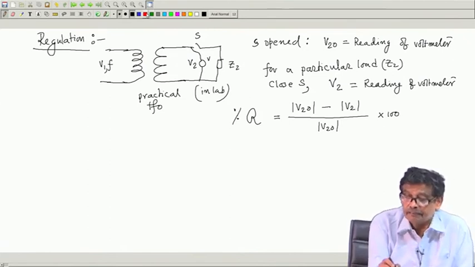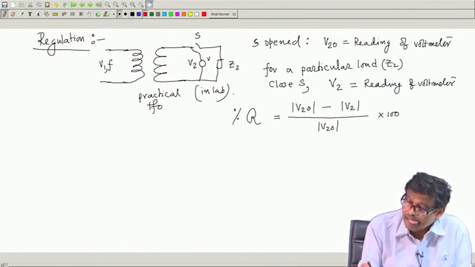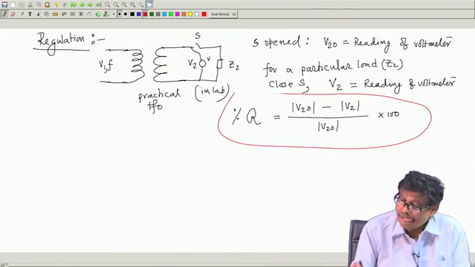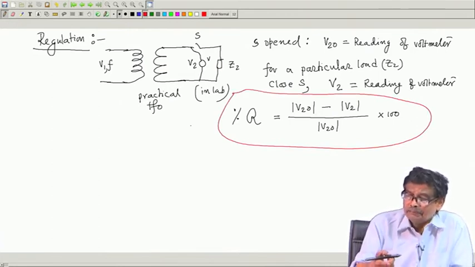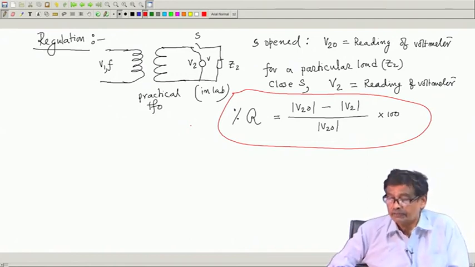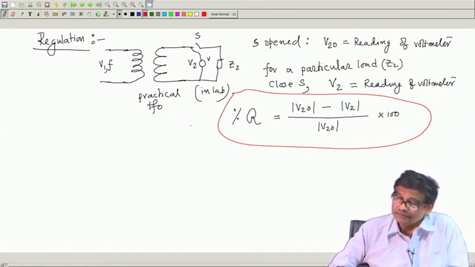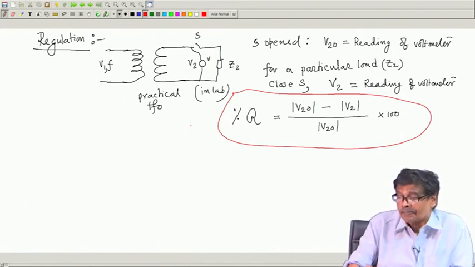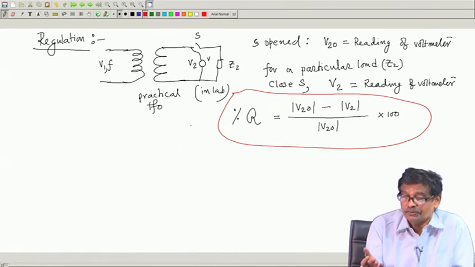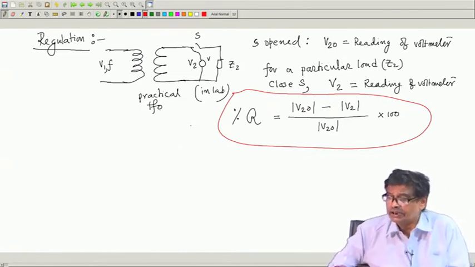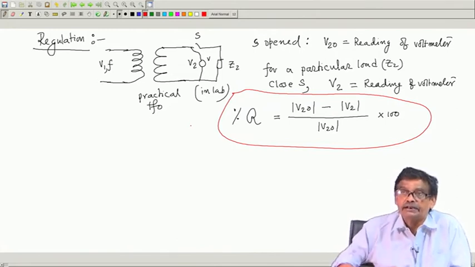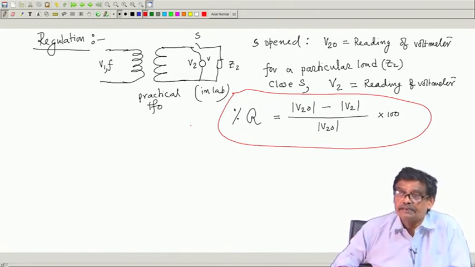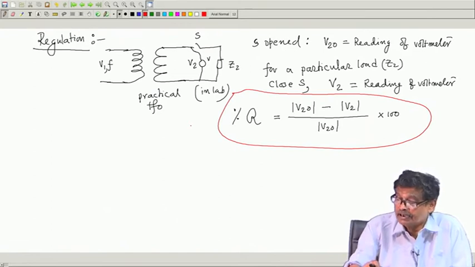This is the thing. So, in a practical setup, you can easily calculate regulation. We will see, but this is what you have to do. Imagine at least you can do this: apply rated voltage, rated frequency. Generally regulation is to be calculated with the rated current, handling rated kVA, and the load should be very clearly specified.